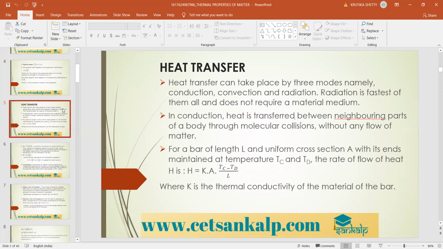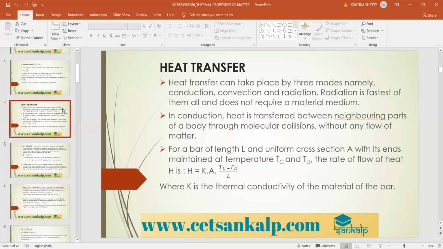We can transfer the heat by conduction, by convection, or by radiation. So these are the modes to transfer heat from a given point to another point.